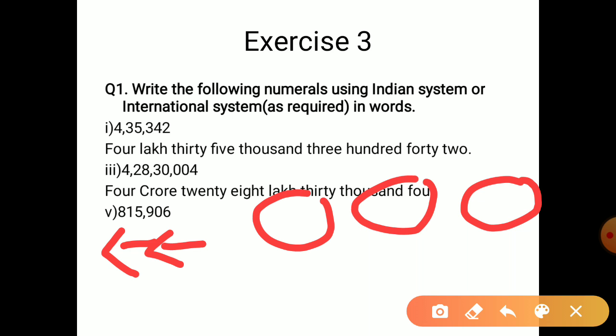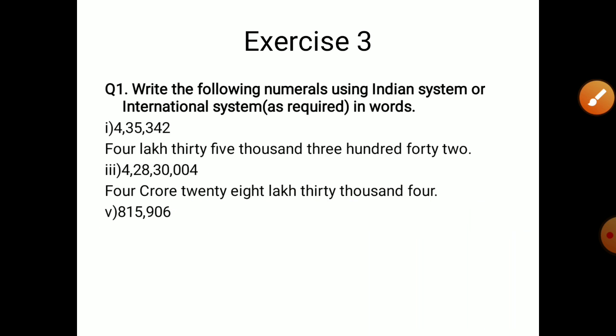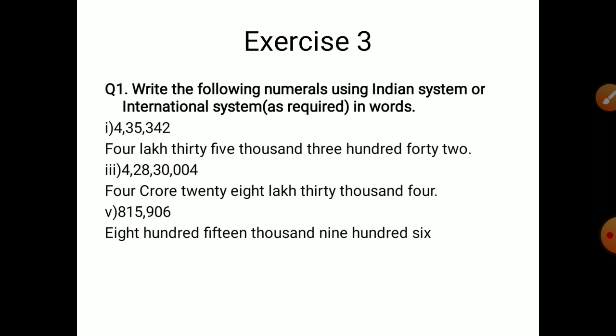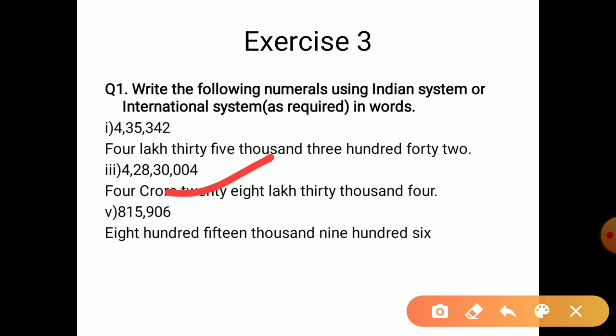So we can see that this number we will write according to the international system. My first period is ones period and my second period is thousand period. So I'll read it as 815,906. So my answer will be 815,906.